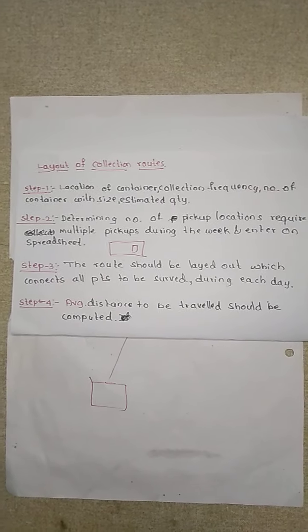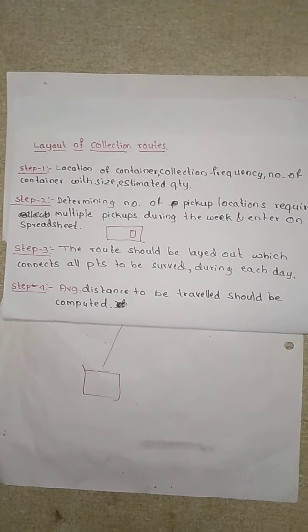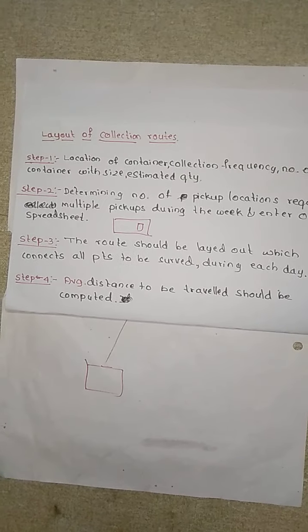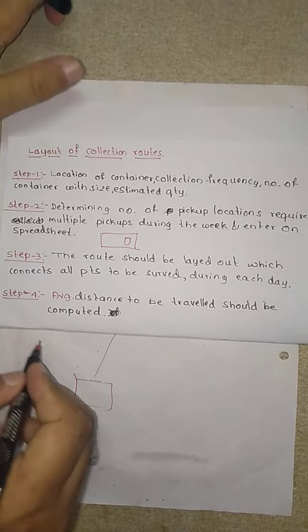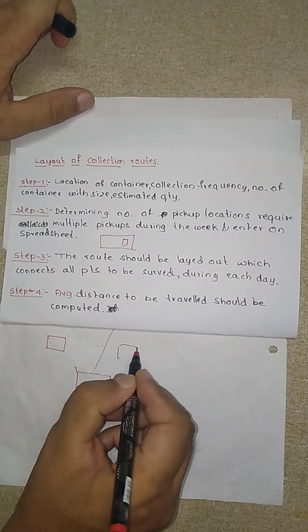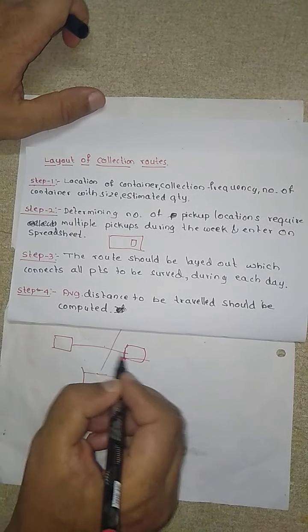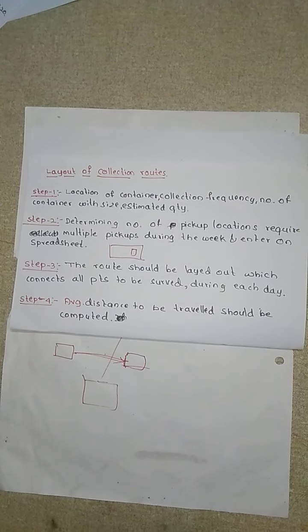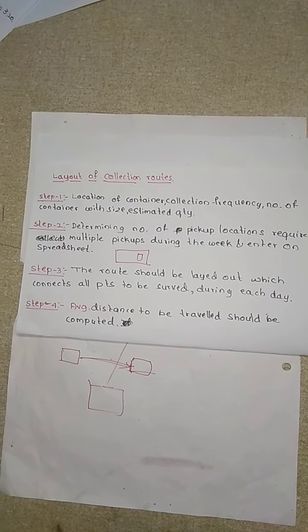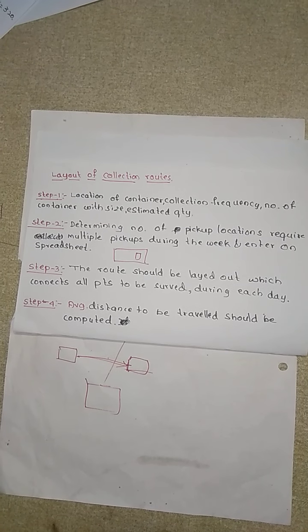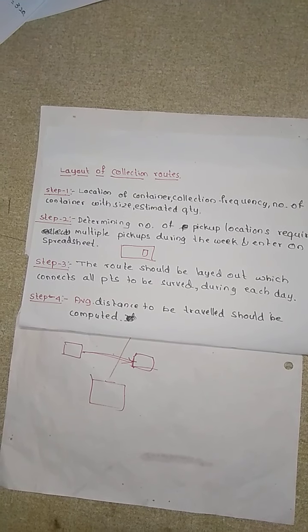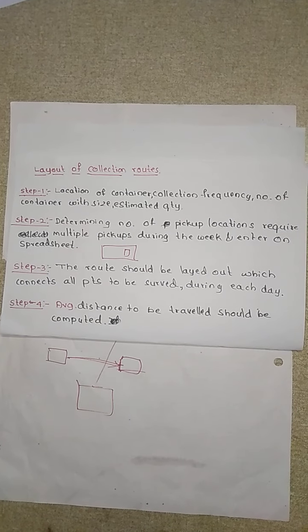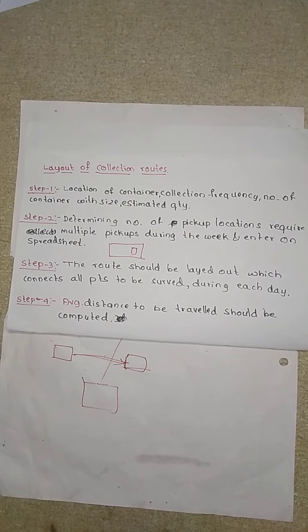If the routes are unbalanced with respect to distance, that is, if the difference between two collection points is more than 15%, then we should redraw the layout so that each route covers approximately the same distance.